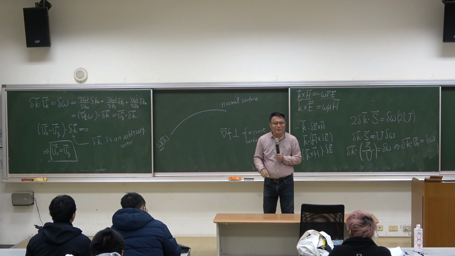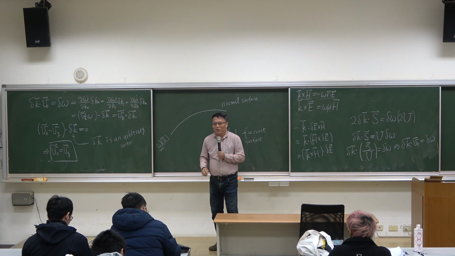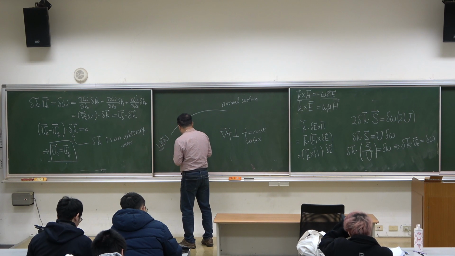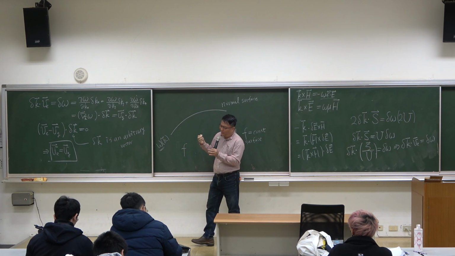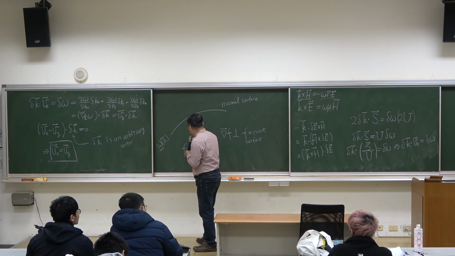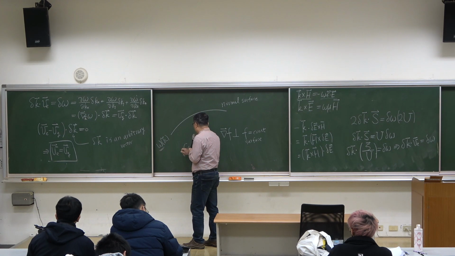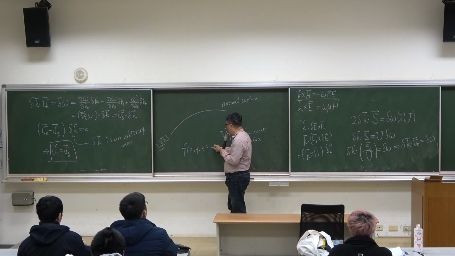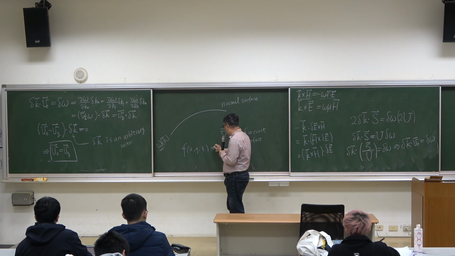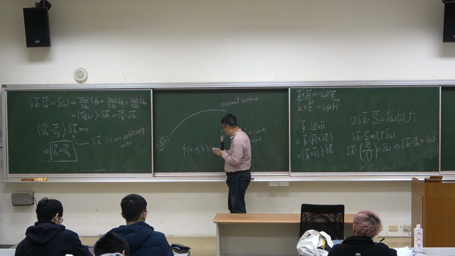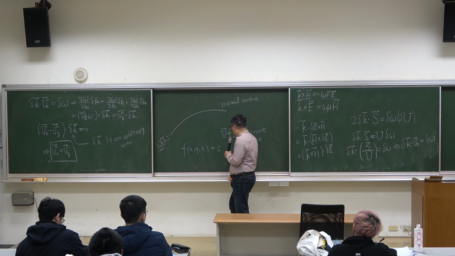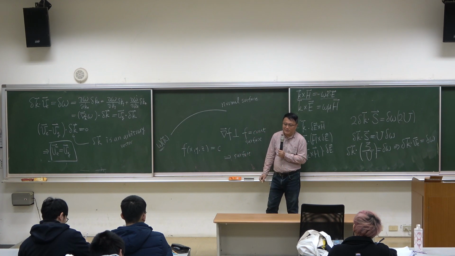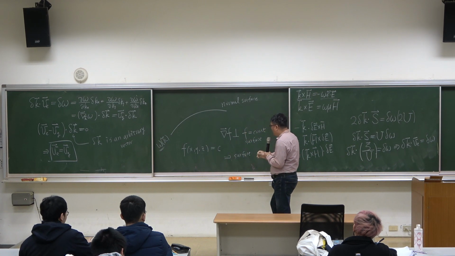Do you remember this? No? In engineering mathematics and physics mathematics, we know that if we have a function of x, y, z, and I fix its value to 0 or some constant, then this gives us a surface.